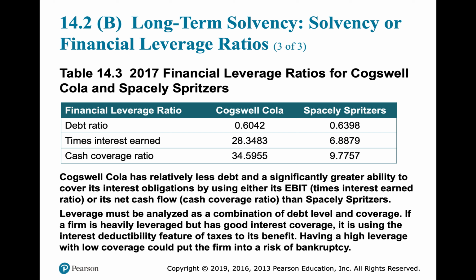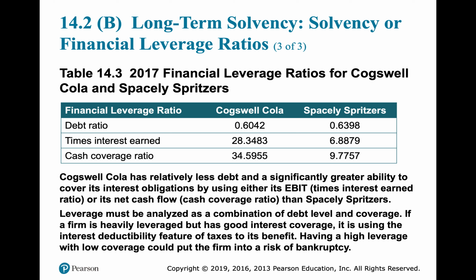Why are we able to say this? Well, you have to remember that you're not just doing fractions, you're not just doing division, these are ratios. So when you look at, for example, Cogswell Cola's 28.34 here, what that means is 28.34 to 1, because it's a ratio.